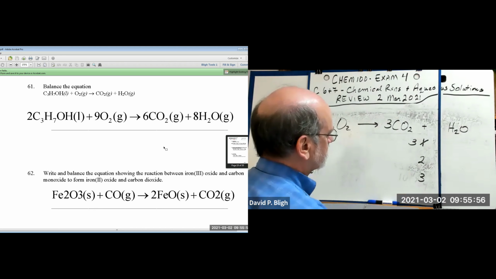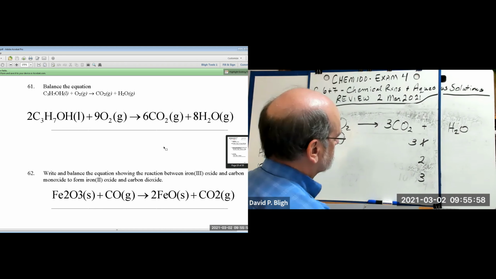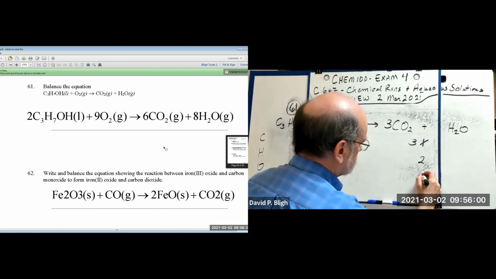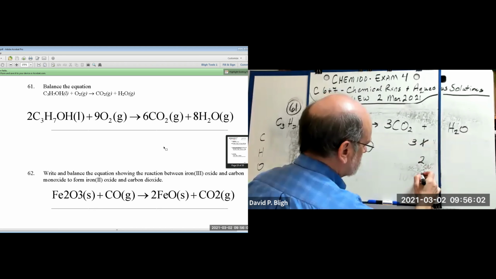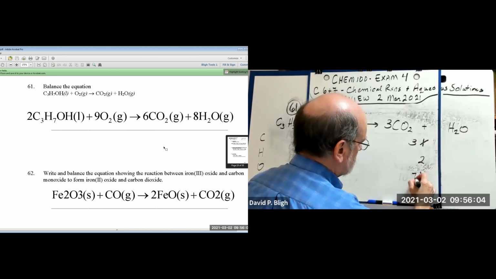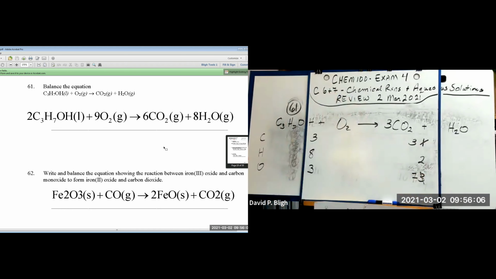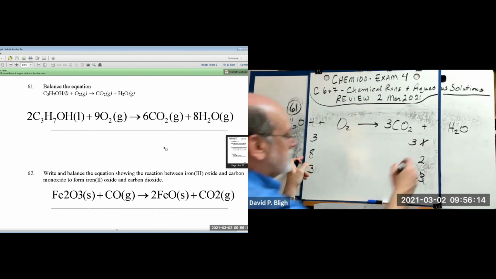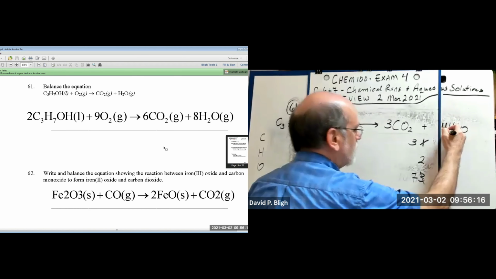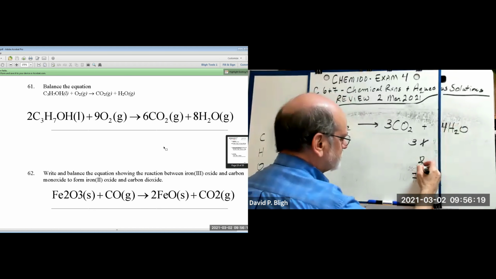This makes 6 oxygens, 7 oxygens. There we go. Hydrogens. So we can put a 4 out here for hydrogens and make 8.